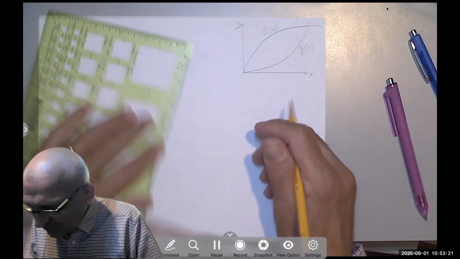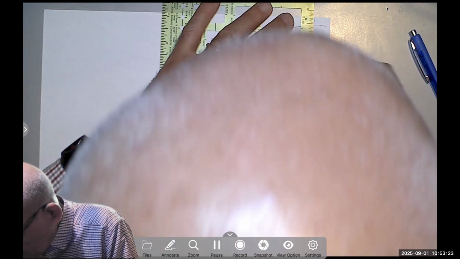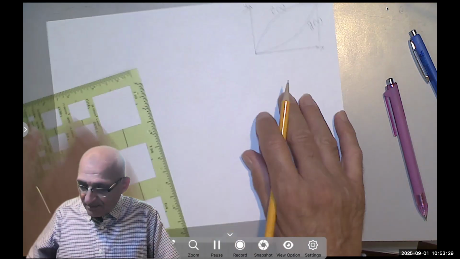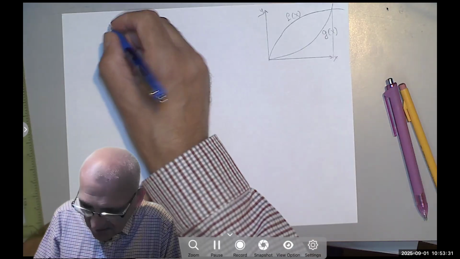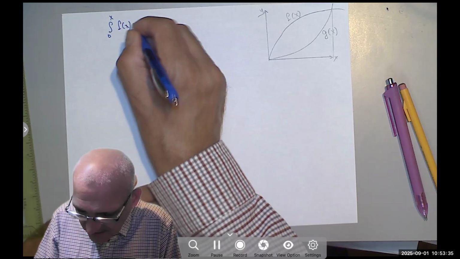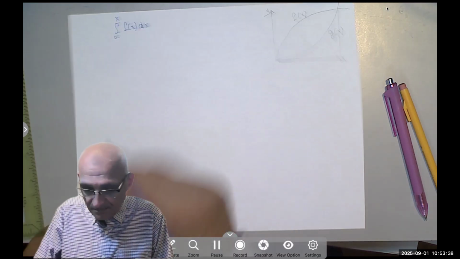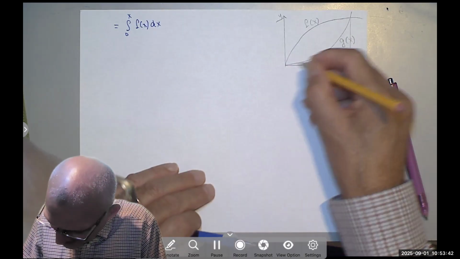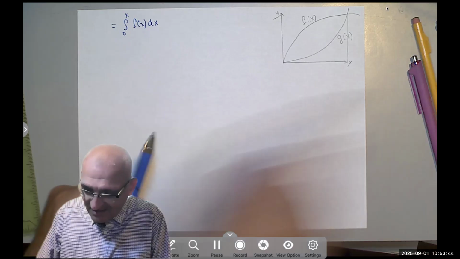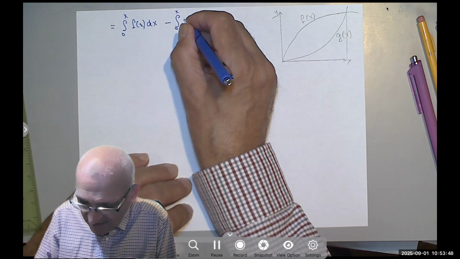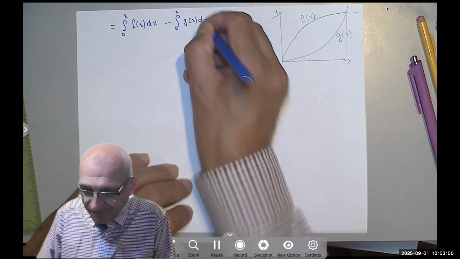I learned how to find the area between f of x and the x-axis, this whole area. It's the integral from 0 to x of f of x dx. And I learned how to find the area between g of x and the x-axis.